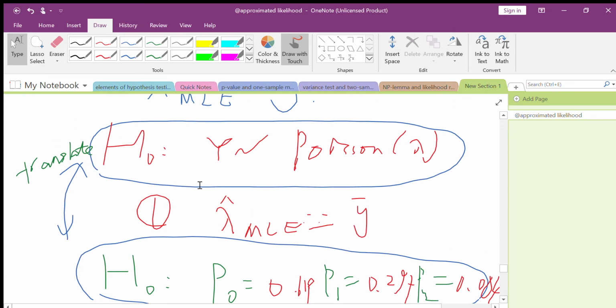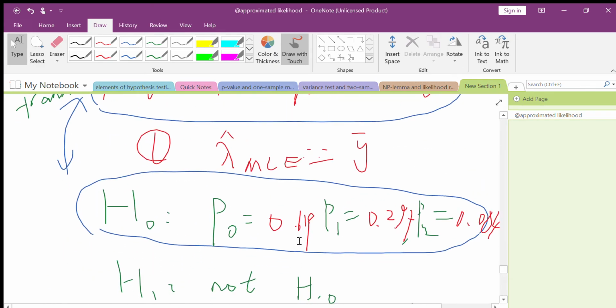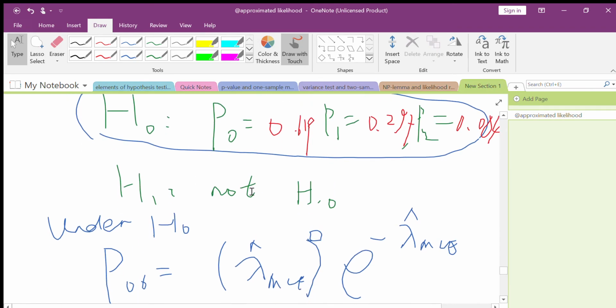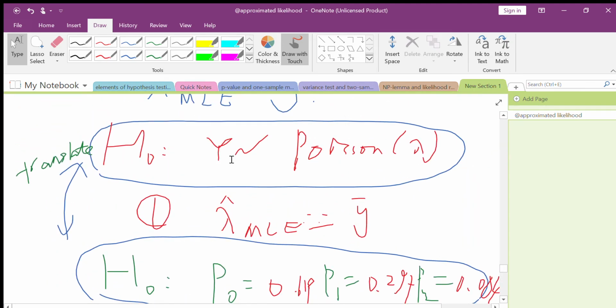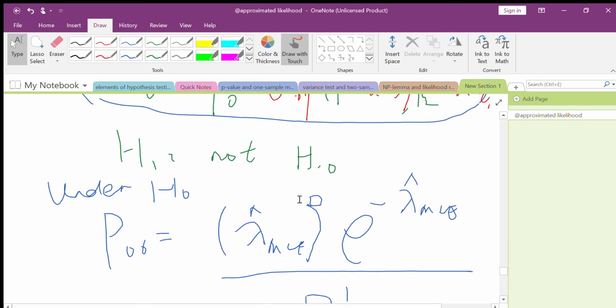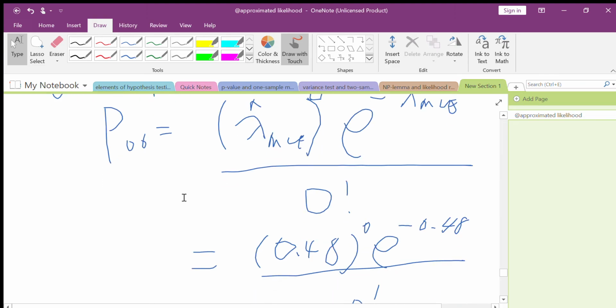So the first step is to get the maximum likelihood estimate under the null hypothesis of the goodness of fit test. You get a maximum likelihood estimate, and then you translate this to the original one, because the original chi-square test statistic hypothesis is in this form. We have H null that Y is really Poisson, so you can calculate p00, p10, and p20 using the PDF of the Poisson distribution.